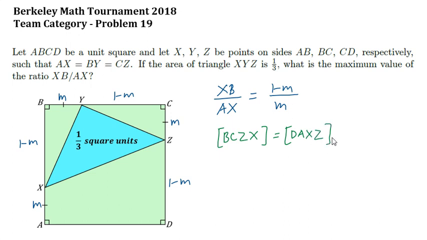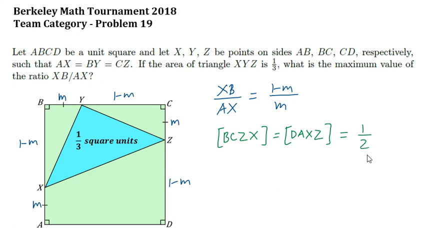This is because their corresponding bases are of equal lengths and their altitudes are also equal. In particular, AX is equal to CZ and XB is equal to ZD. Take note, AD is equal to BC, so their altitudes are equal as well. Now, because the area of the square is 1, each of these trapezoids has an area of 1/2.